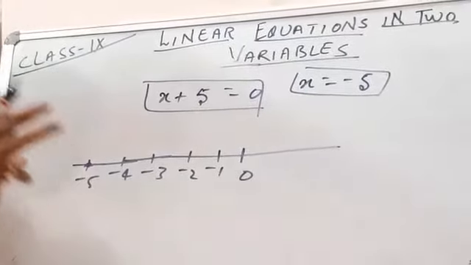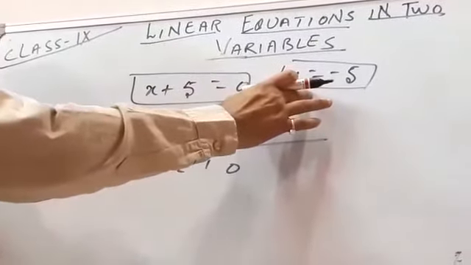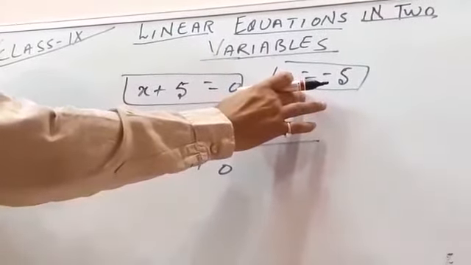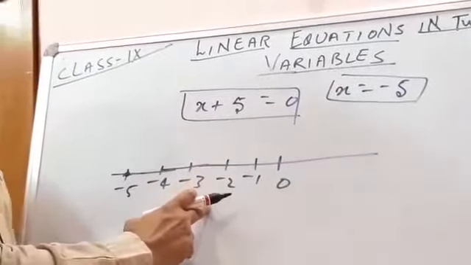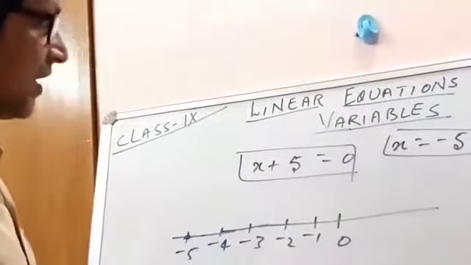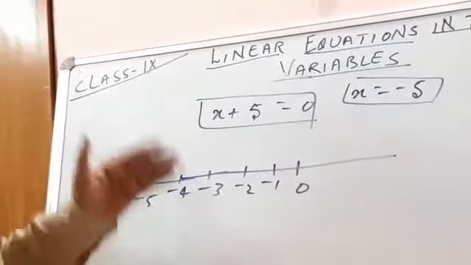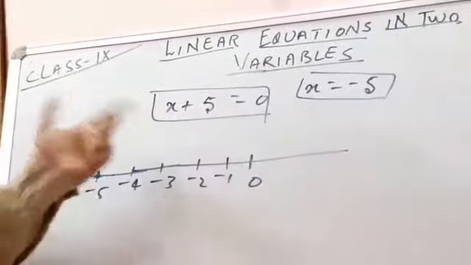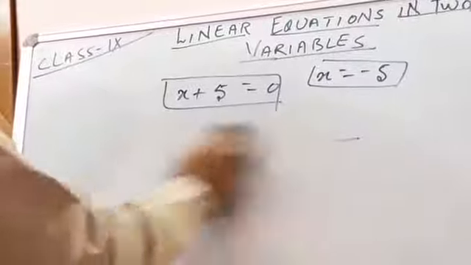This is the way to find the value of x by algebraic methods, and this is the geometric representation. Dear children, this is not the only way to find the solution of the equation. We are using two ways, and I just want to link them.